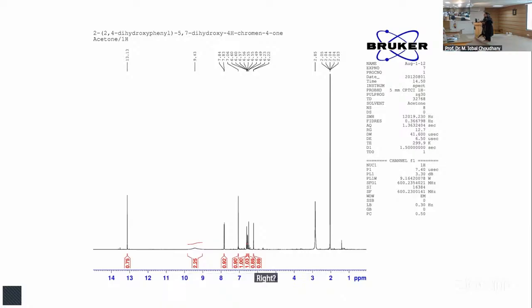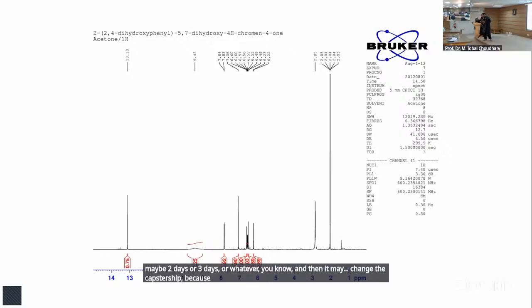And when you record the experiment for a longer period of time, maybe 2 or 3 days, the variation in temperature may change the chemical shift, because chemical shifts depend on temperature as well.